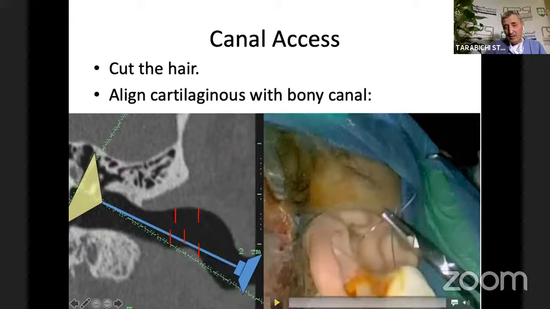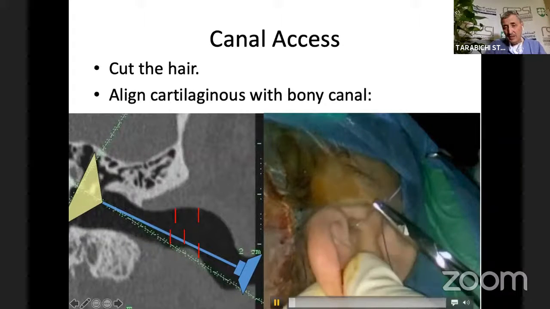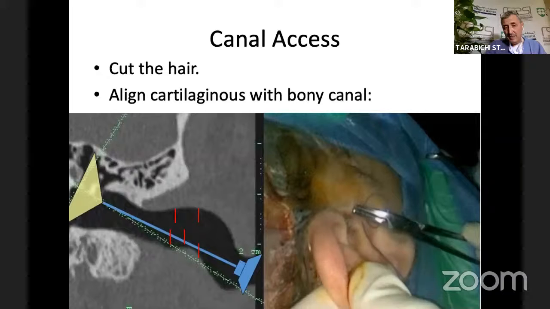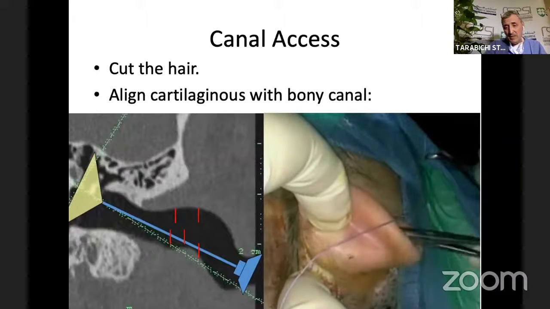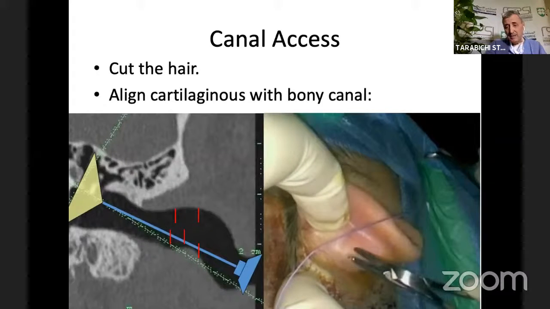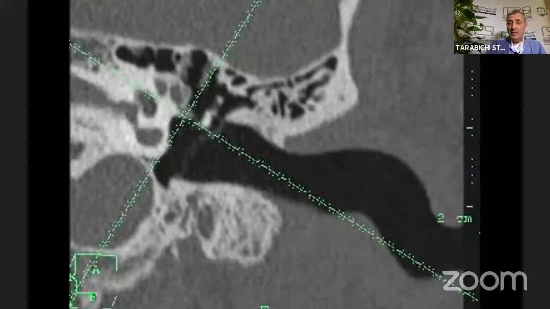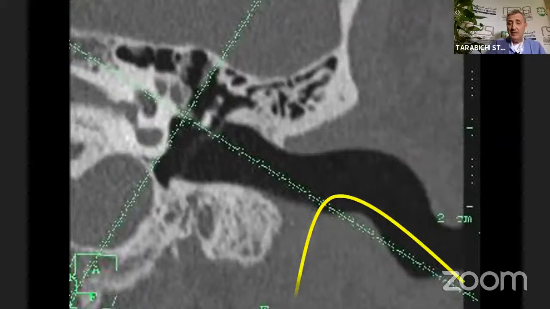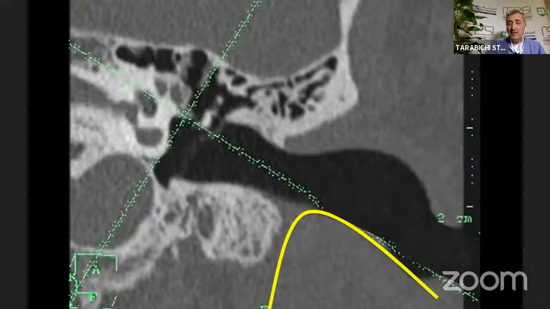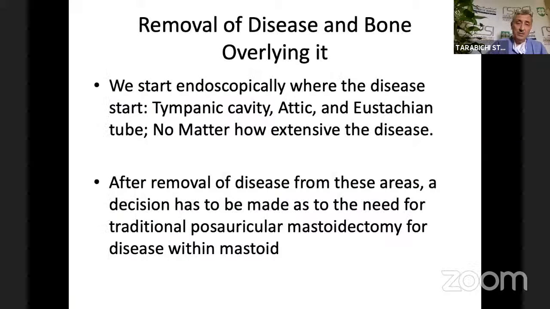So what we do is we put the stitch just beyond the cartilaginous bend, and we get it from the back side. The idea is to straighten the ear canal. It's a retaining suture, basically.